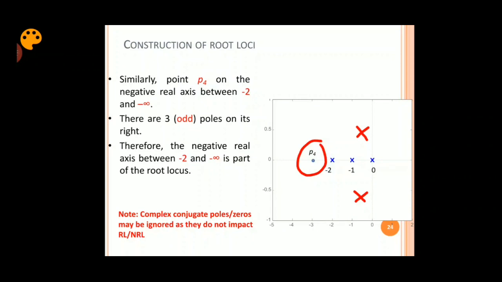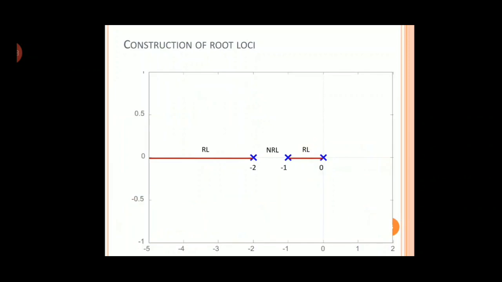If you consider these complex conjugate poles also, there will be 5 poles. 3 is odd, 5 is also odd, so it doesn't make a difference for being RL or NRL. So what does this note say? You need not consider complex conjugate poles when deciding RL and NRL. You can just ignore them. So here we can mark the RL and NRL in the graph.